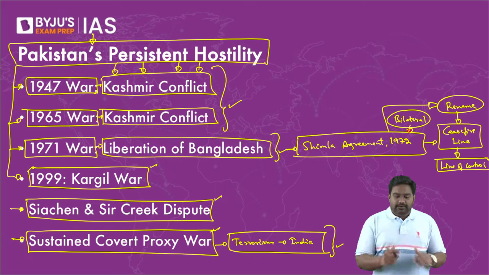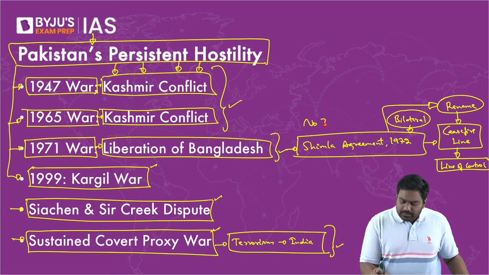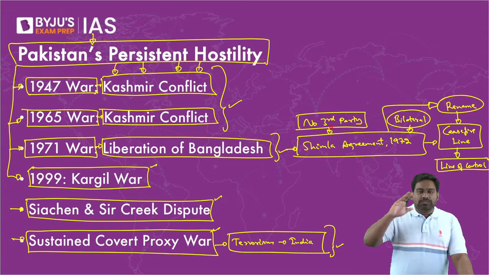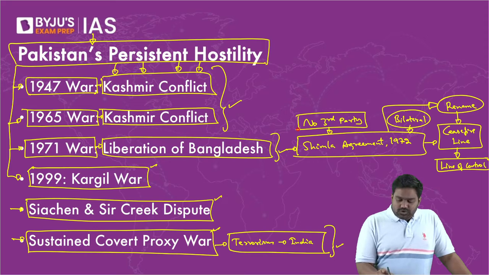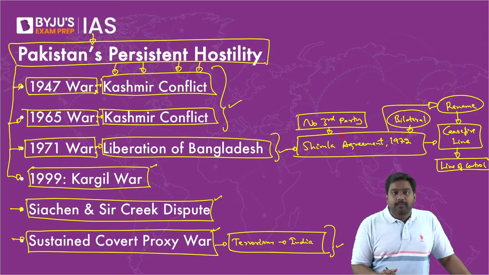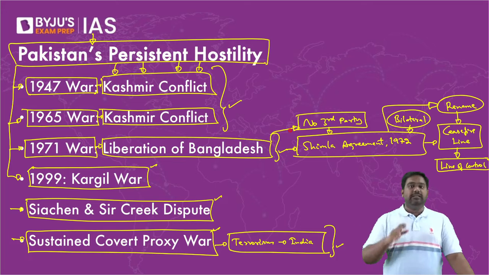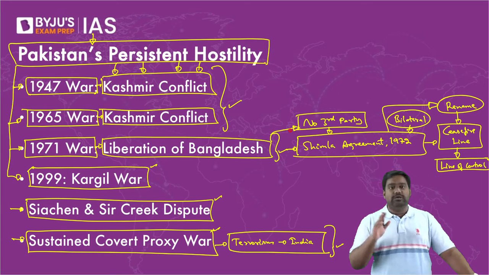We ensured that Pakistan made a commitment that there will be no third-party involvement in our bilateral issues and disputes. Meaning no other country will be involved, no organization will be involved. So Pakistan, once it gave the commitment, it means we will not entertain any involvement of a third country or a third organization.